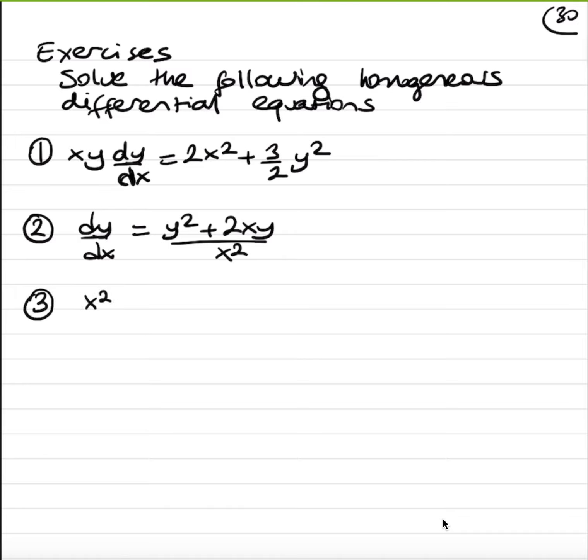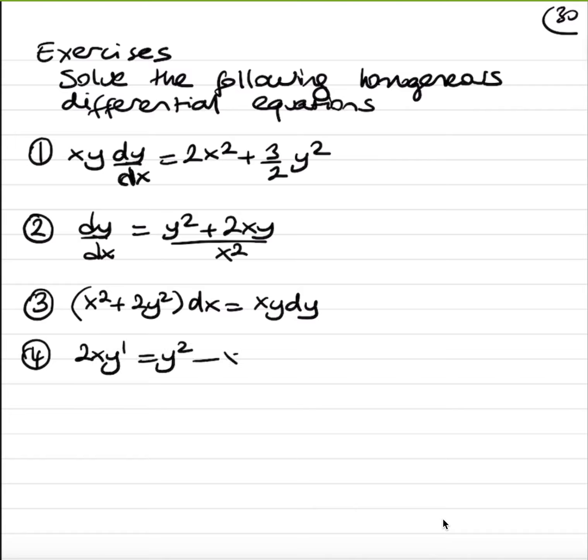And the third one is x squared plus 2y squared dx is equal to xy dy, and 2xy prime is equal to y squared minus x squared.